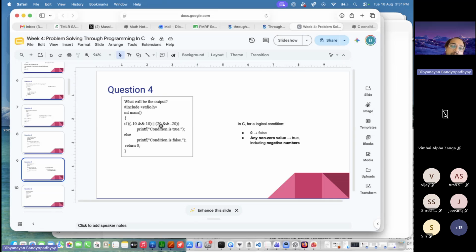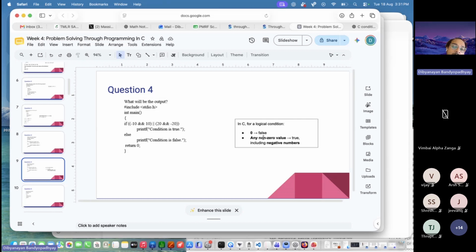And this is 20. 20 basically amounts to 1. And -20 also amounts to 1. So 1 and 1 is basically 1. So here you have 1, and here also you have 1, right? So 1 or 1 means 1. So if 1 means the if condition gets satisfied, and this will get printed. So it will not go to the else part.